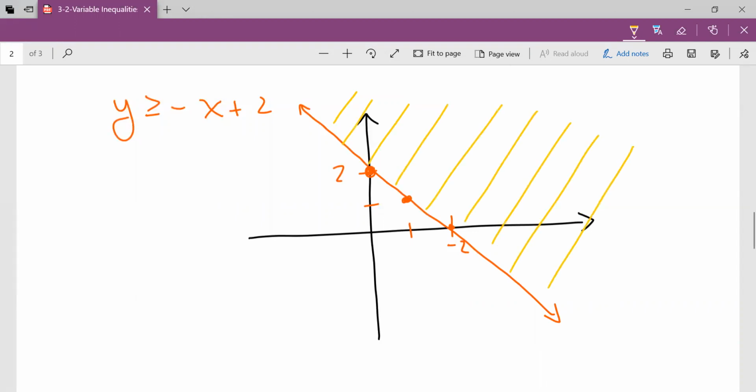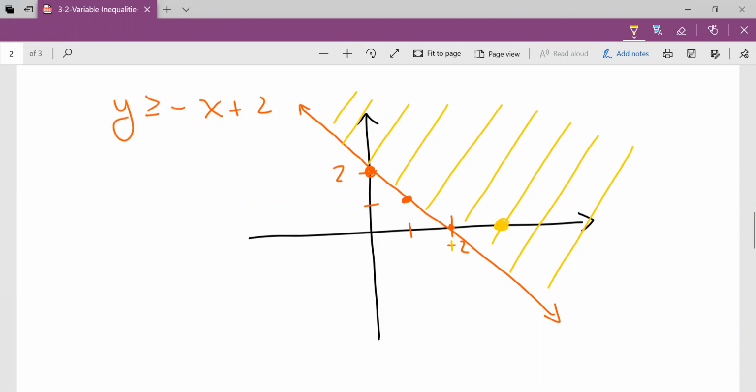So anything in there is a solution, including the line itself. Okay, so let's pick a point up here. I don't know why I labeled that as negative 2. That's clearly positive 2. It sure looks like (3, 0) should be a solution right there.